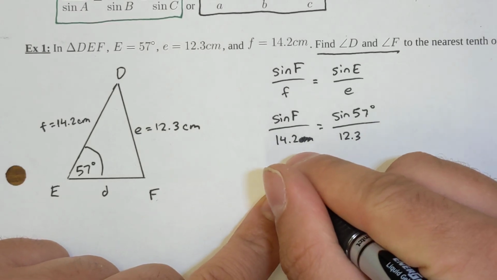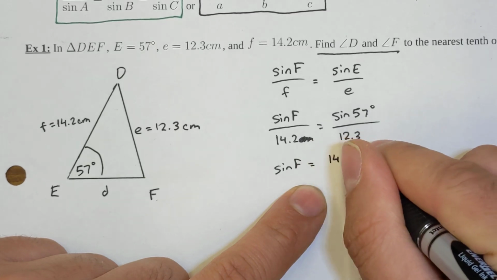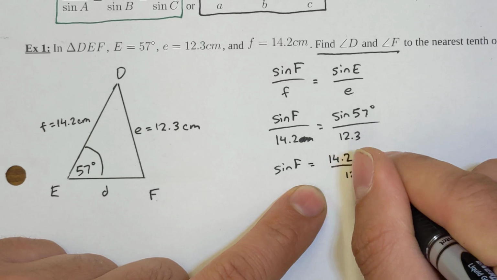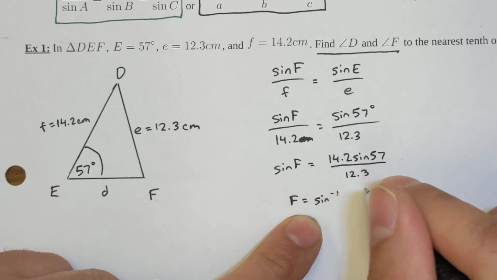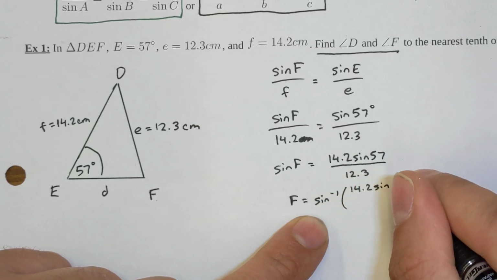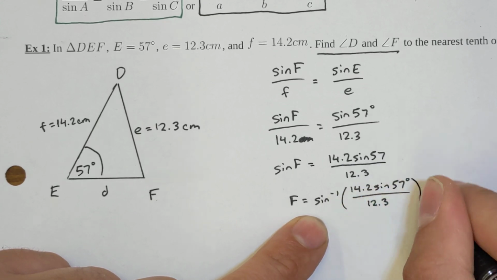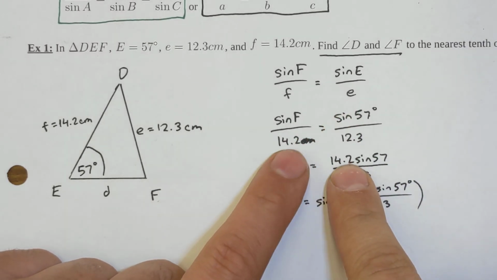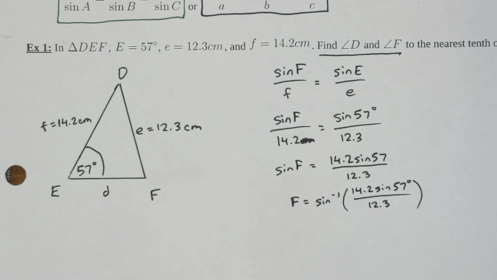We would have to multiply by 14.2, and to get angle F, we need to take our sine inverse of that entire side here. So 14.2 gets multiplied in to get rid of it on the left side, and we take the sine inverse to get just our F.